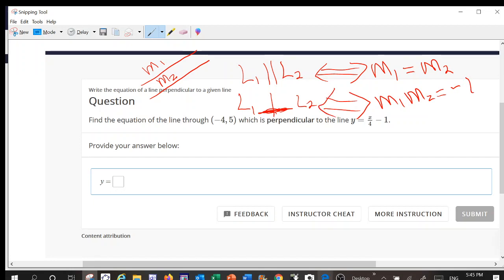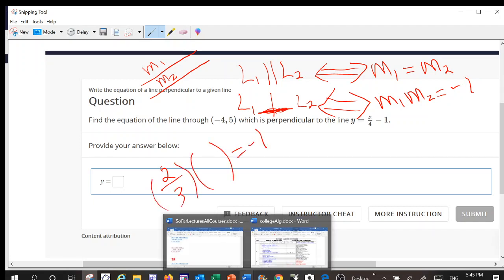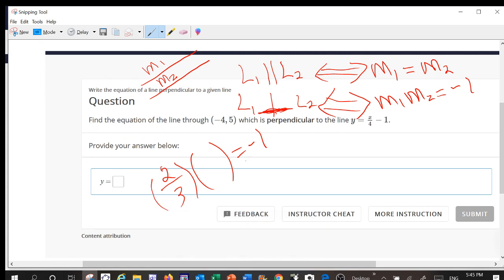Now, how can two numbers be multiplied and result in -1? Well, the only way this is possible is if they are reciprocals and negative of each other. Not opposites, because opposites are like 2 and -2. So two numbers have to be negative reciprocals of each other.